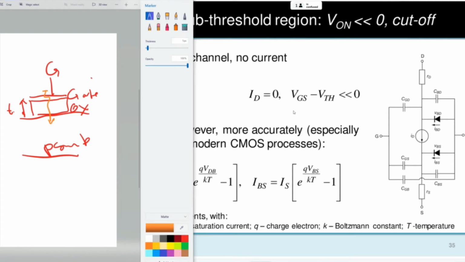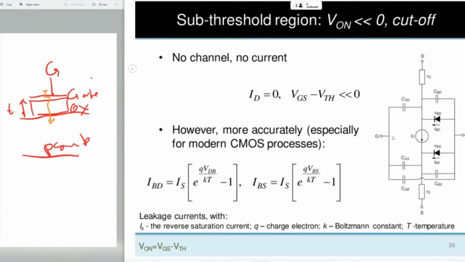But particularly for larger size transistors, this current can become a significant leakage current. It's not captured here, but it will be a current from the gate to the bulk, and this is a concern for modern technologies, particularly large digital circuits.